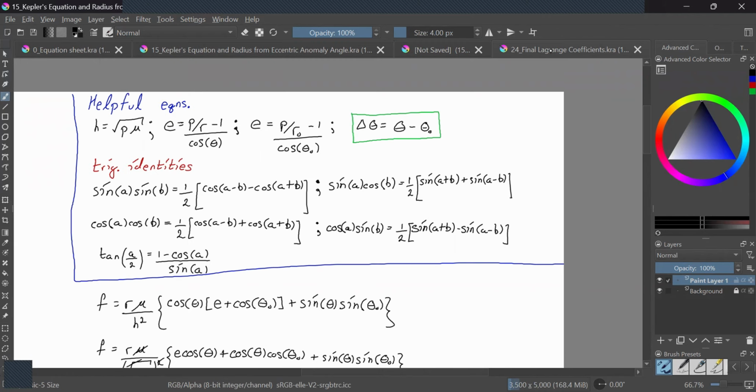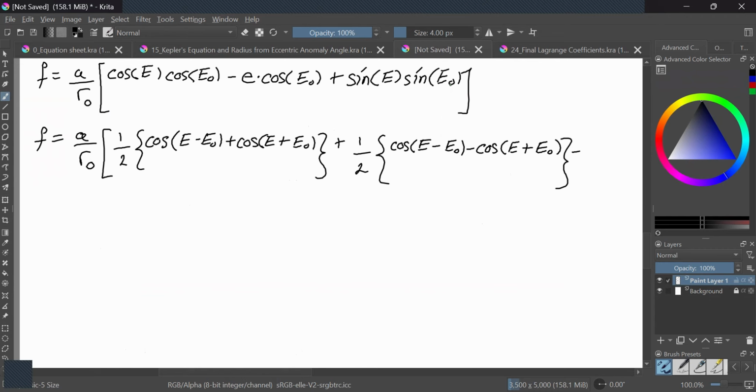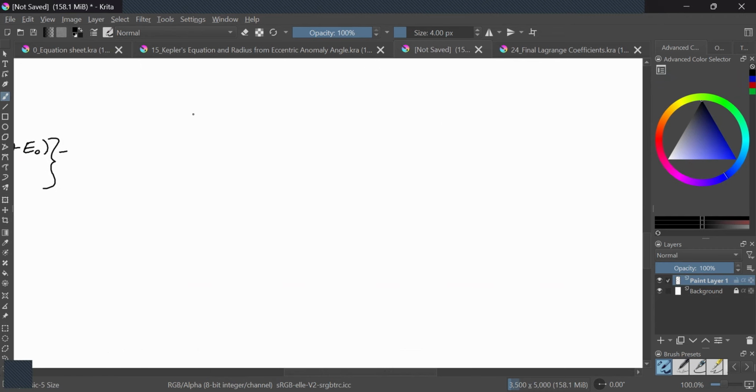Let me scroll over here to make this note. So we have r is equal to a times 1 minus E times the cosine of E. And then all we have to do is solve for the eccentricity.